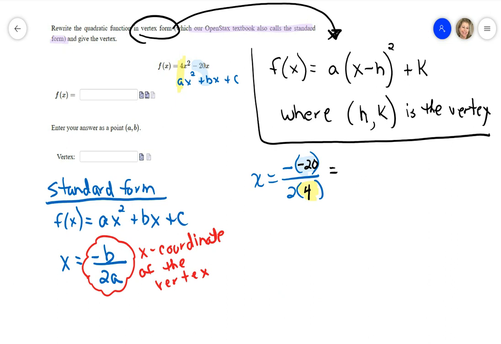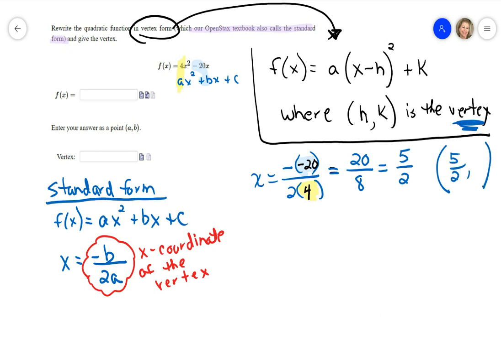Oops, I meant to do that in blue, sorry. Positive 20 over 2 times 4 is 8. And of course 8 doesn't go into 20, but I can reduce them down by 4. 20 divided by 4 is 5. 8 divided by 4 is 2. So the x coordinate of the vertex is 5/2.